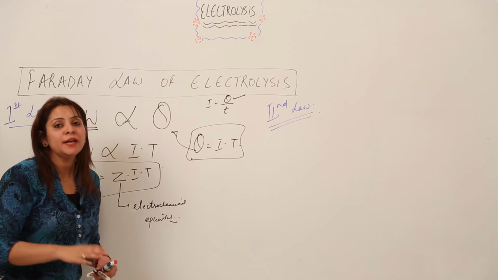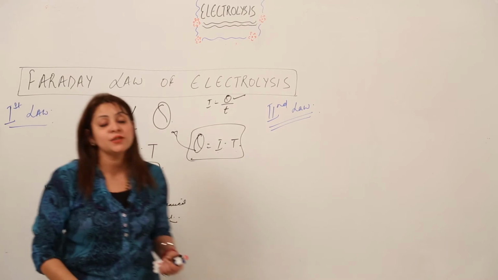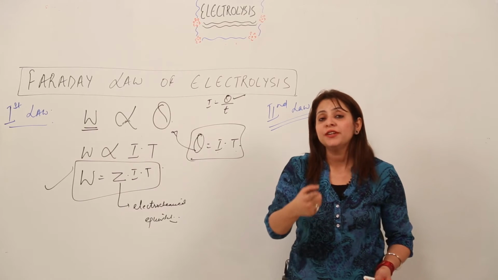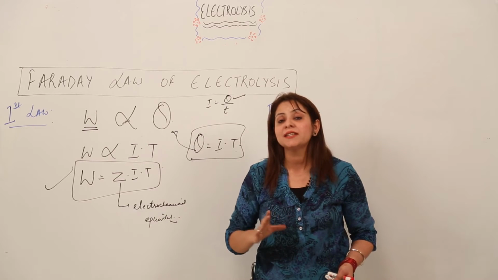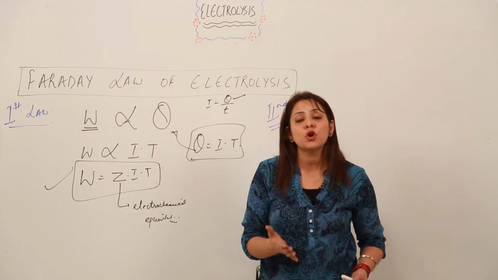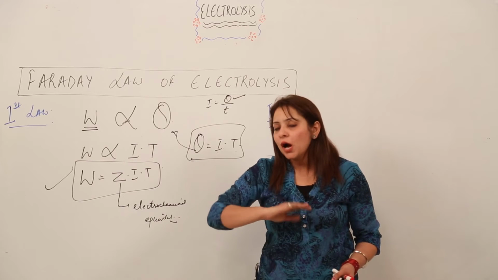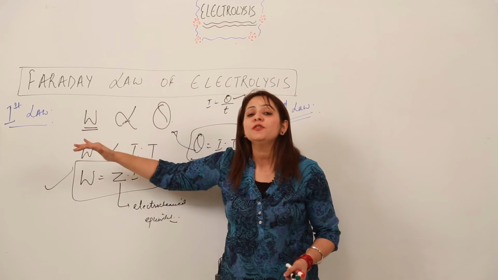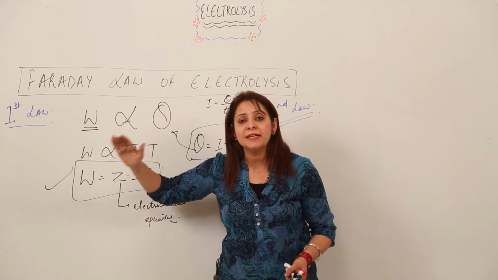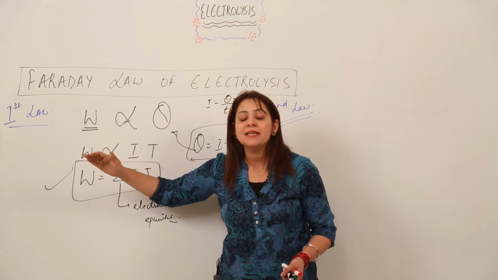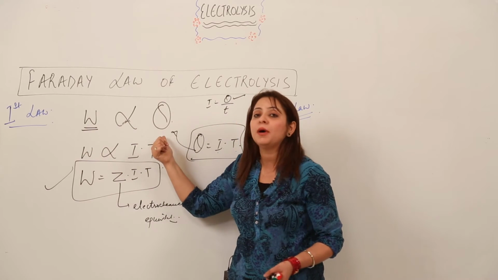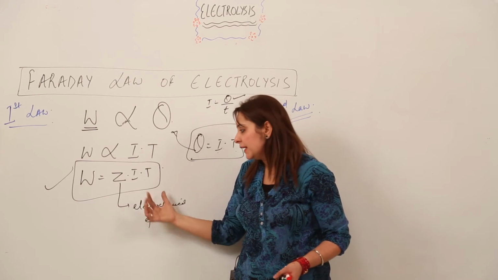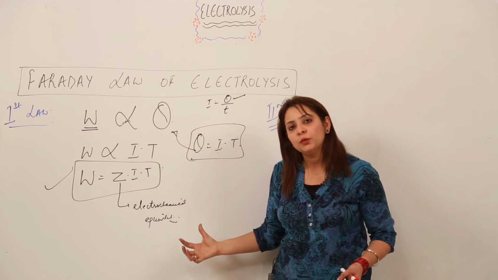If you get the question, state Faraday's law of electrolysis, first of all you should know that this law gets obeyed only where the electrolysis takes place. Then you will write that this law states that the weight of substance deposited at electrode after electrolysis is directly proportional to the amount of electricity passed through it. That is W is equal to Z I T, and Z is the electrochemical equivalent.